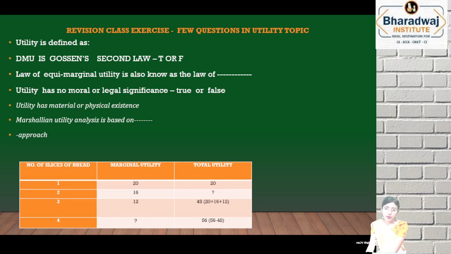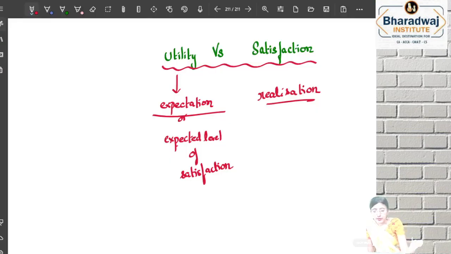What is this approach? The two approaches, cardinal and ordinal approach. I thought you would know what those approaches are because you have only two approaches here. I was under the impression that you all know actually. Cardinal, you have to choose between the two. Ordinal.